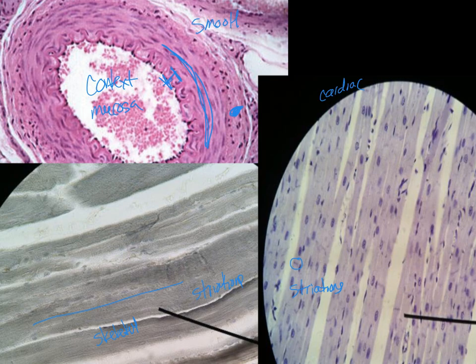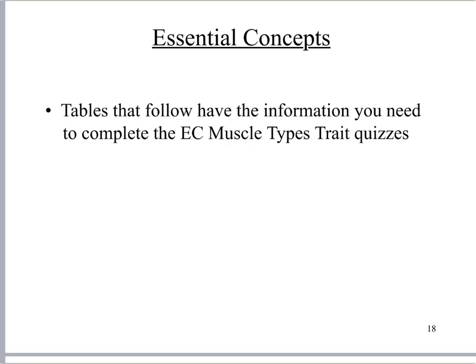Let's move on. All right, so from another book, I borrowed a bunch of tables that summarize and do basically a compare and contrast of skeletal, cardiac, and smooth muscle. I am not going to read these to you, but these are the traits that you're going to use for the EC muscle types trait quizzes. Let's kind of flip through them.